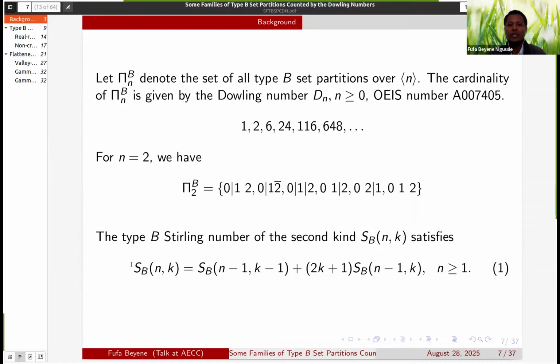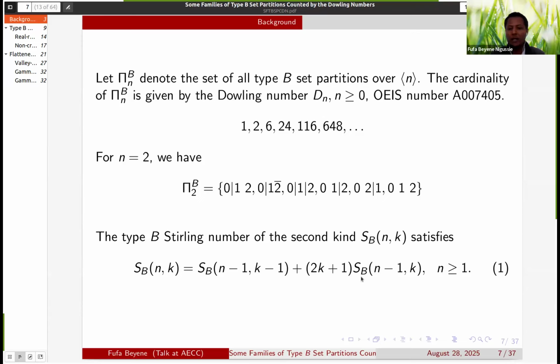As you remember, the number of type A, or ordinary, set partitions over n with k blocks is counted by the Stirling number of the second kind. So for this one, it is given the name type B Stirling number of the second kind, and it satisfies this recursion.